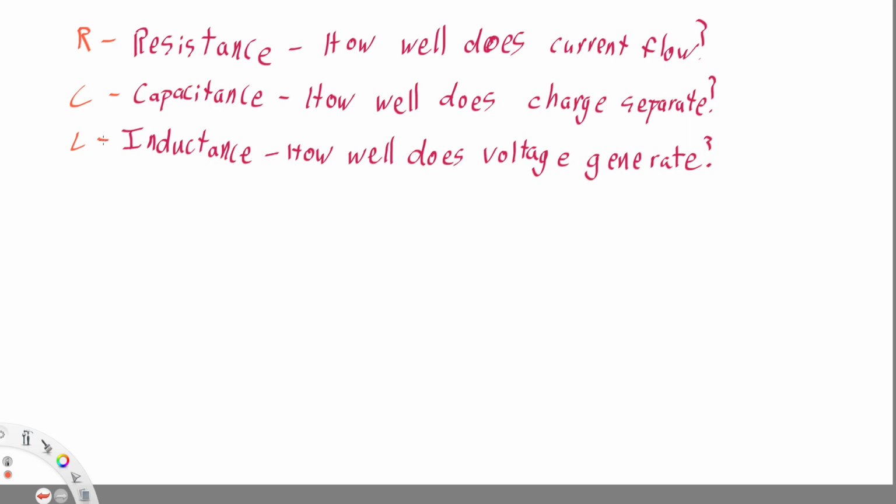Any element that you put in your circuit has some of each of these. The question is what dominates and under what conditions, and also how do we separate them out.